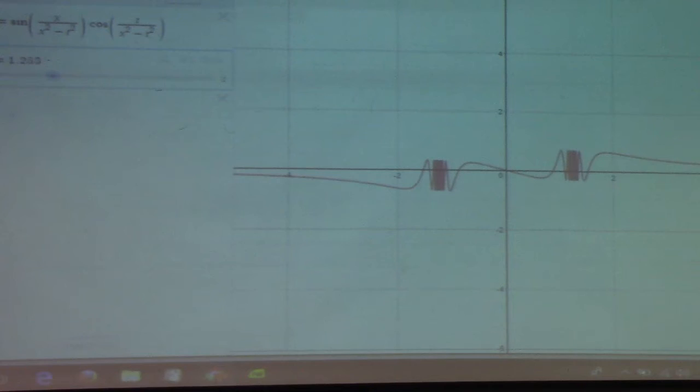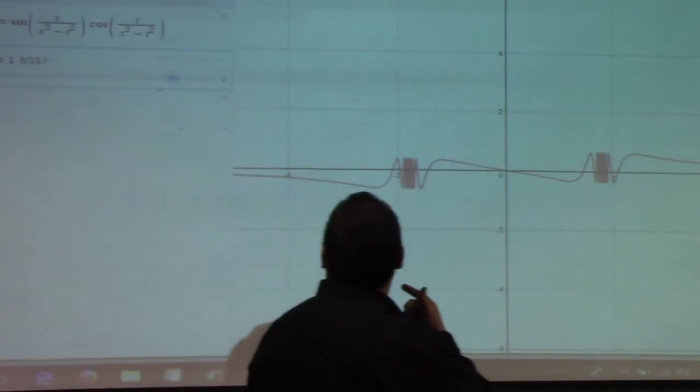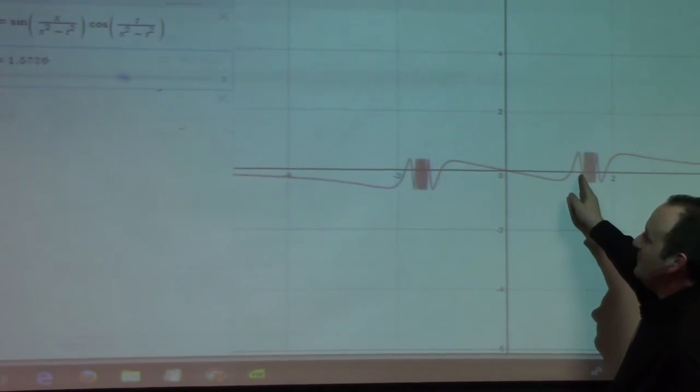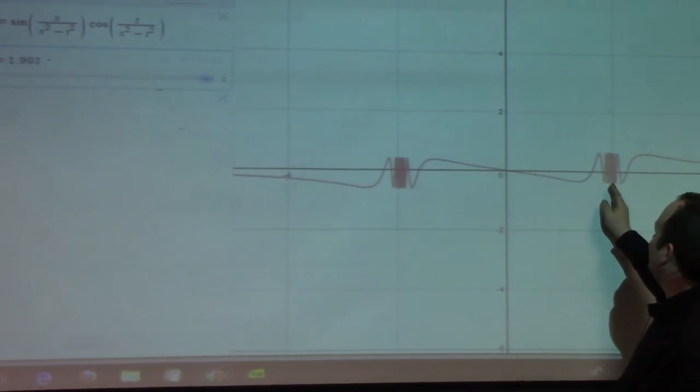That's where x equals t, right? Check it out. You can see what's going on. Watch what happens as it gets to time 2. Time 1.4, 1.5, time 2.